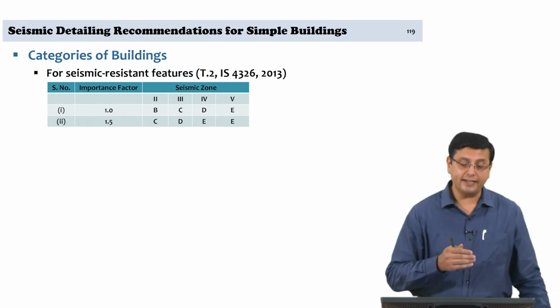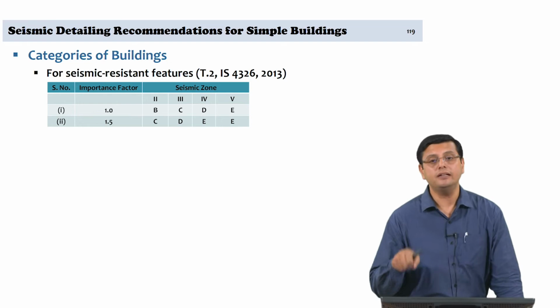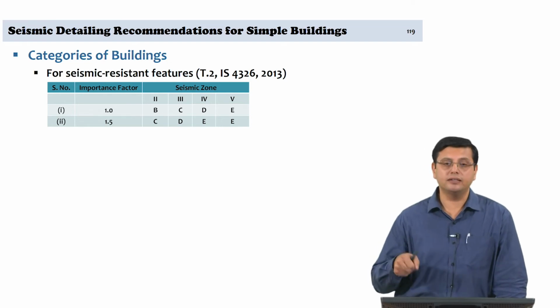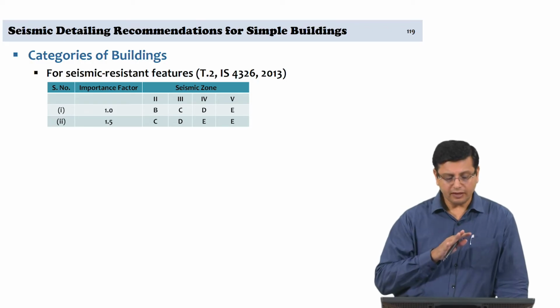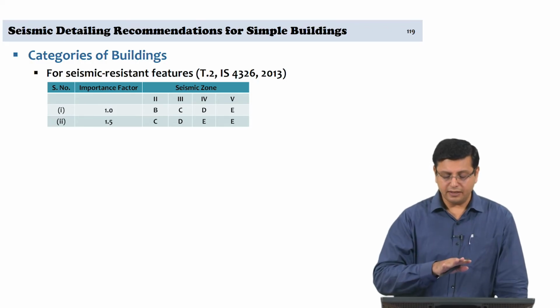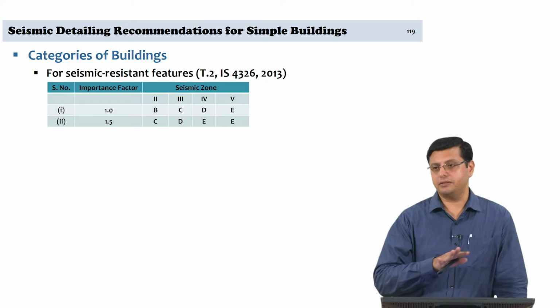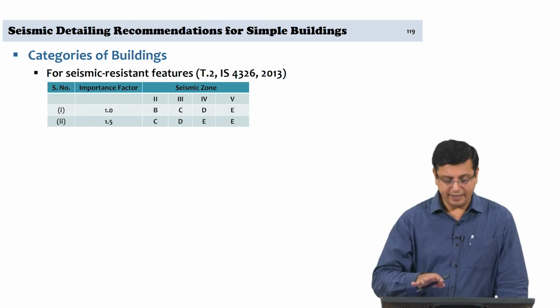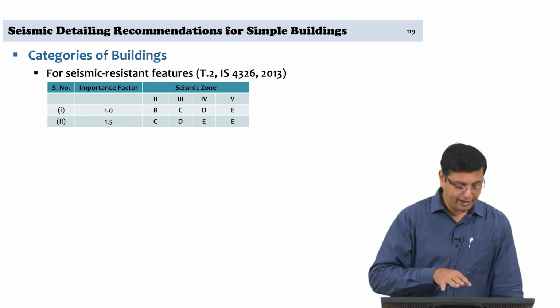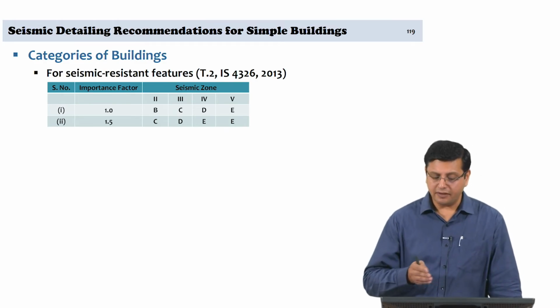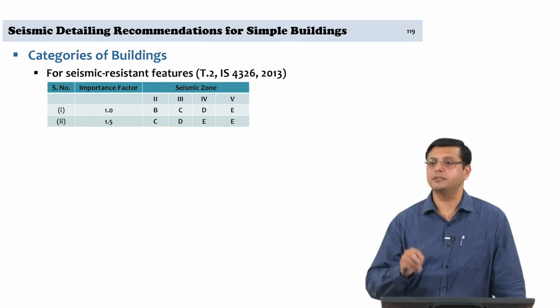But you are really not getting into quantitatives to check what is the shear force demand on each wall and whether the wall is designed to take that shear force. So, really it is prescriptive requirements as far as designing and detailing and construction of simple masonry buildings are concerned, and there are several features which IS 4326 recommends.